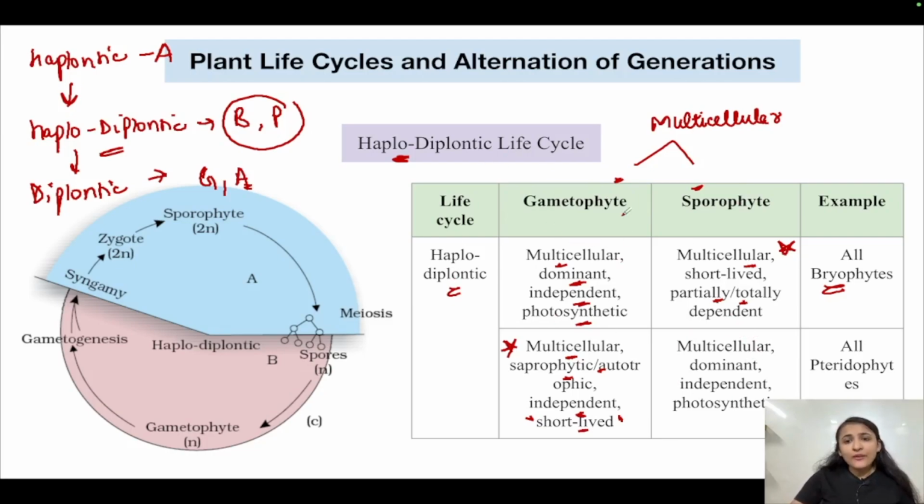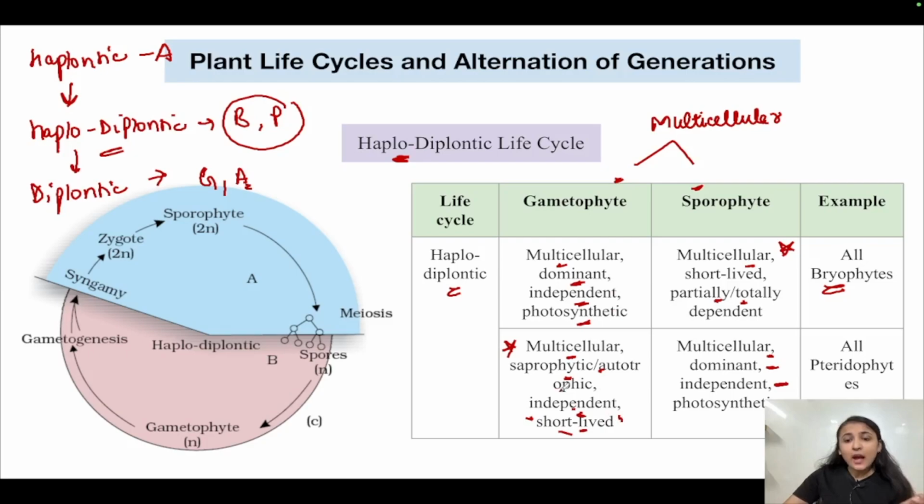In bryophytes, the gametophyte was independent and the sporophyte was either partially or totally dependent upon it. But in pteridophytes, the sporophyte is the multicellular, dominant, independent, photosynthetic structure that makes its own food. So in pteridophytes both the gametophyte and sporophyte are free-living structures.